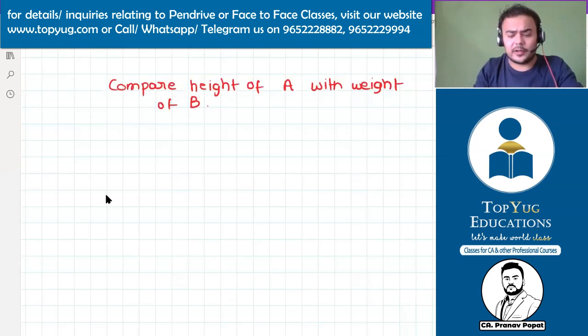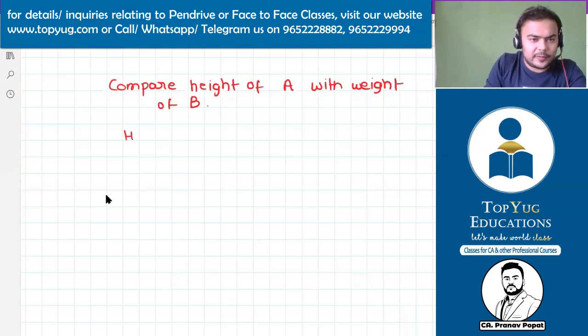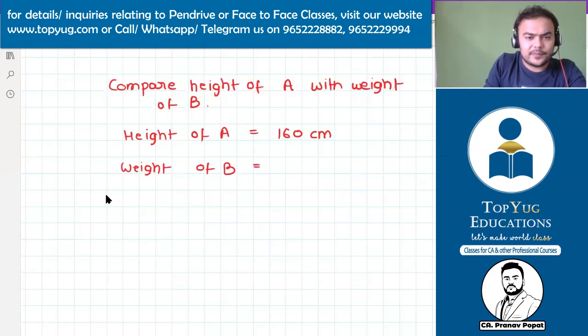Sir, we should convert. Let's see. Height of A is 160 centimeter. Weight of B is 60 kg. Let us compare.